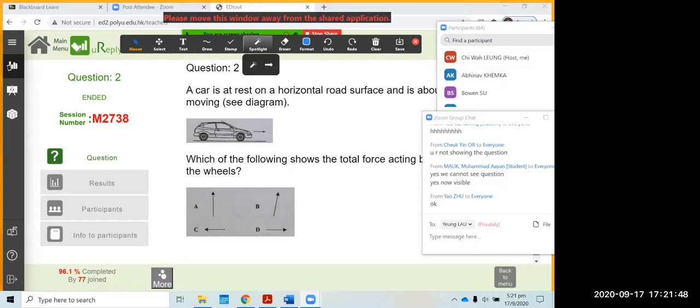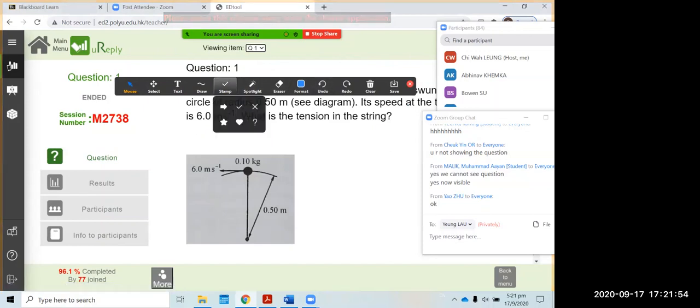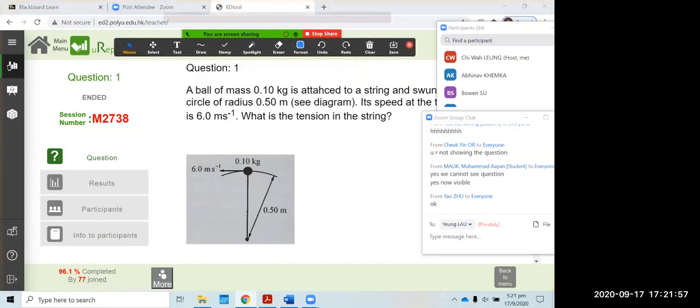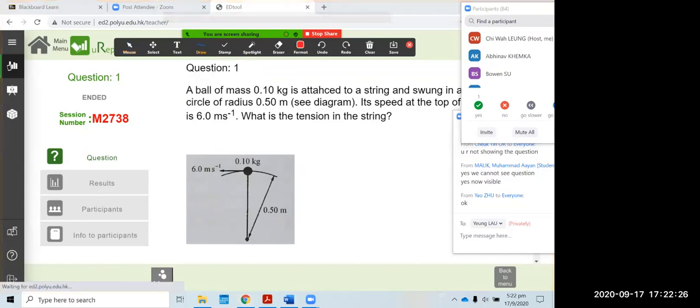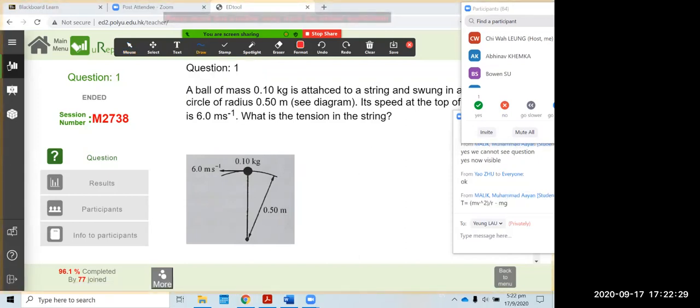And the next question is, let me see. Now this one, you have a ball attached to a string and it is swung in a circle of radius 0.5 meter. And the speed at the top is 6 meters per second. What is the tension in the string? If I try to draw it in the diagram, I just need to consider the forces.